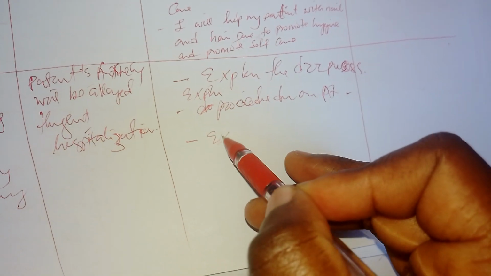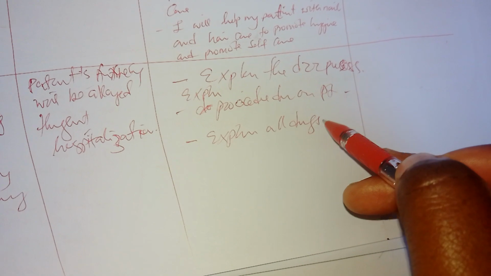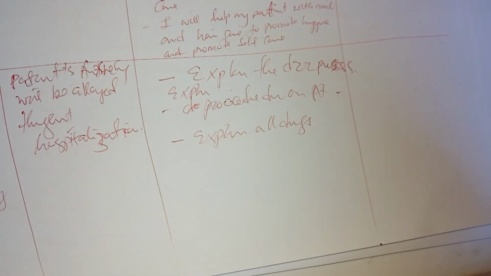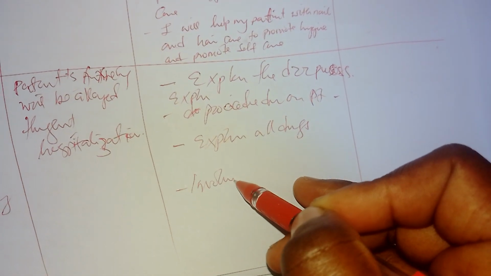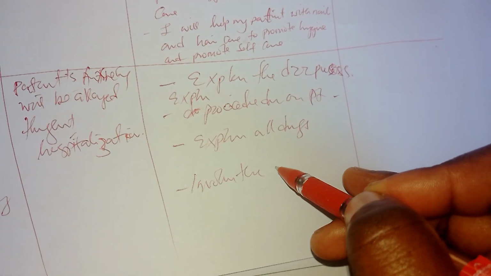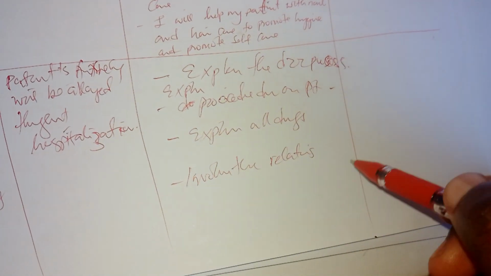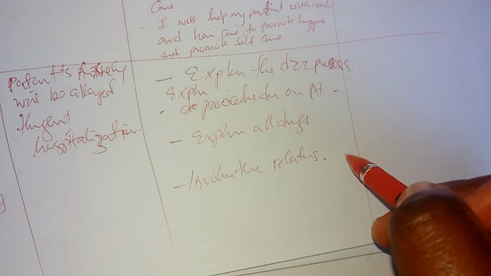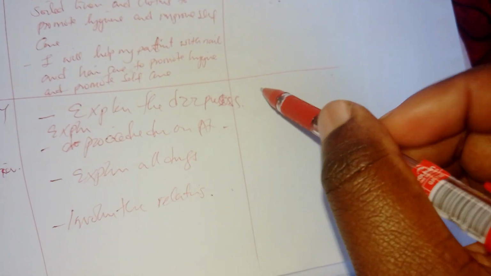Then explain all drugs and whatever is being given to the patient to allay anxieties and to gain cooperation. Then you can also involve the relatives, okay, in the care of the patient, or any other bedside in the care of the patient to allay their anxiety.